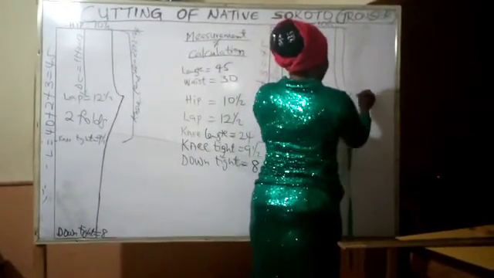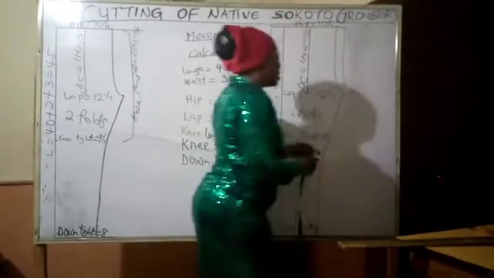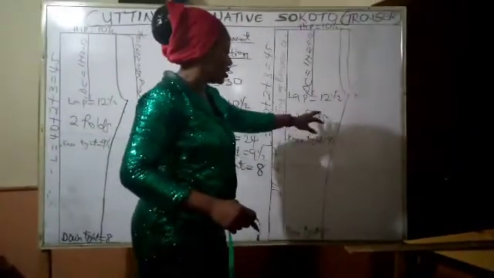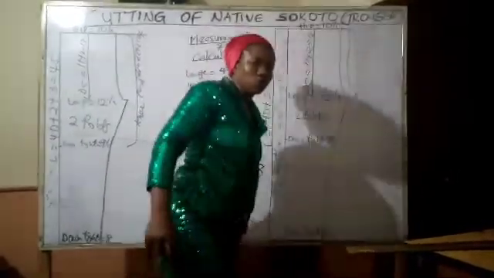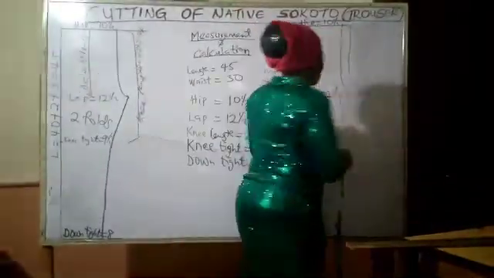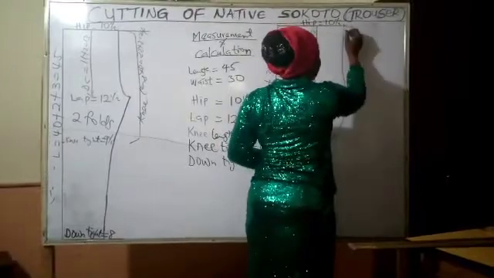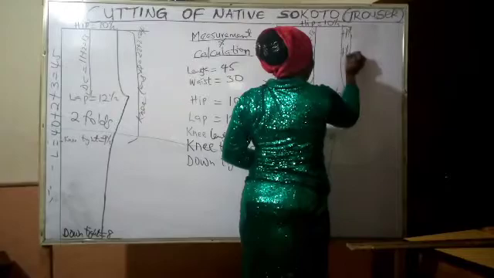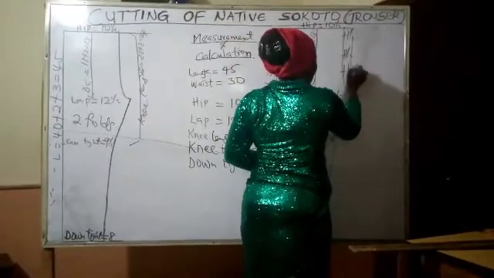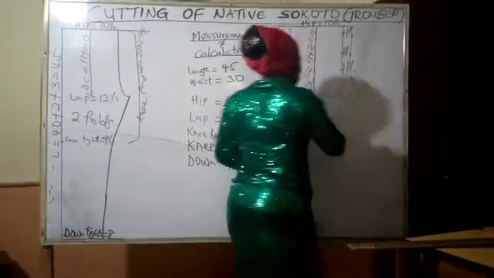The reason why I added 2.5 to this place is for the wearer of this shokoto to be able to move the leg very well. So that is why we are extending this place. Then we are going to add 1.5 to this place, because this one is back cut, this one is front cut.